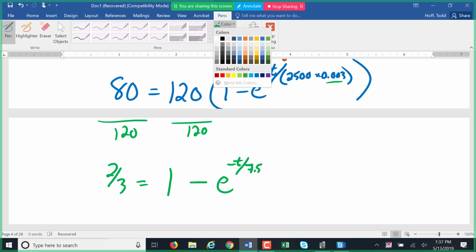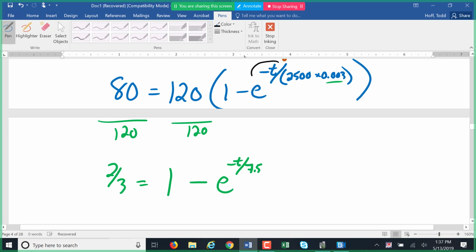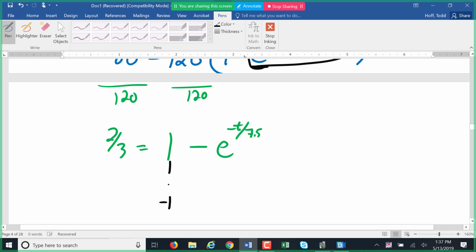You'll notice, however, that the power here, the negative t over that, it's on the e, but it's inside the parentheses, not outside the parentheses. That means it is just on the e, so only the e is part of the exponential. So before we do a log to solve this, I still have to get rid of the 1, so I'm going to subtract that 1.